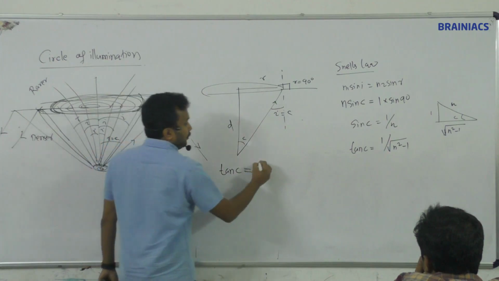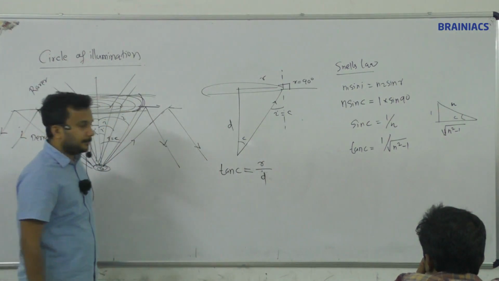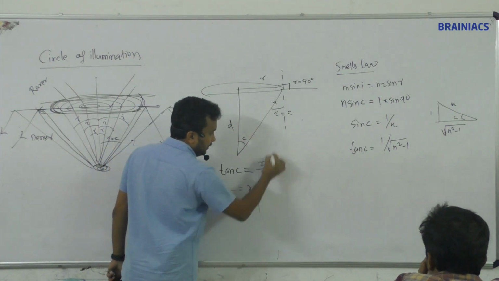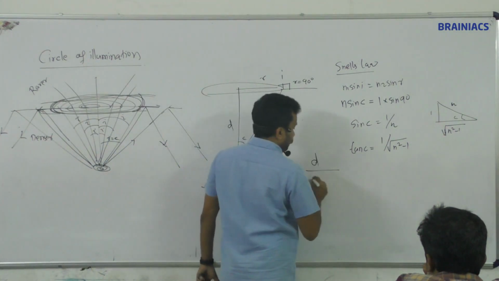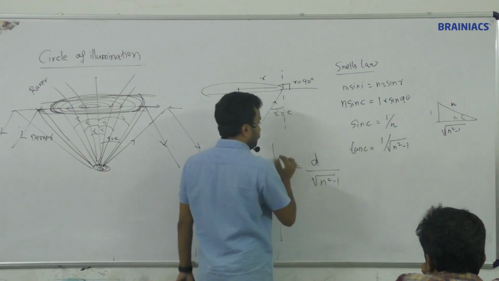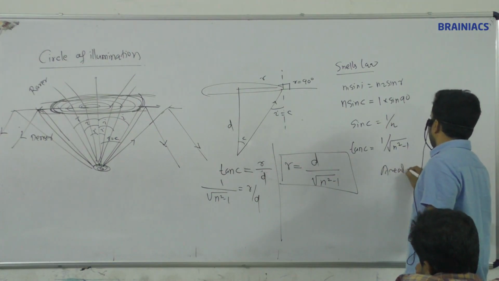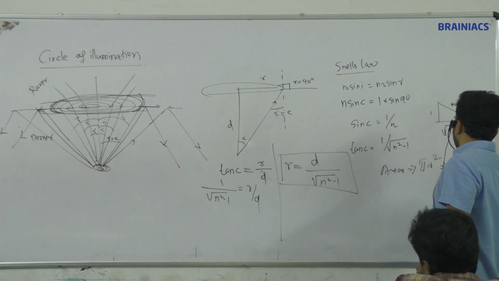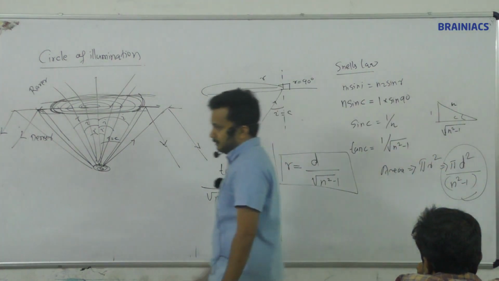Opposite side by adjacent side, R by D. We got tan C as 1 divided by root of n square minus 1, equal to R by D. So the radius is equal to d divided by root of n square minus 1. The question asks which area the light is spread over, so the area is pi d square divided by n square minus 1. This is the question, but you have to remember this formula.